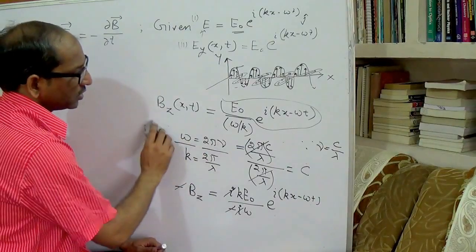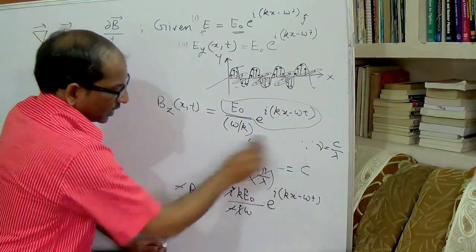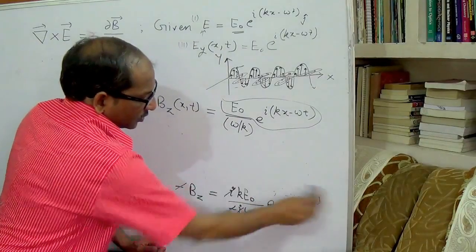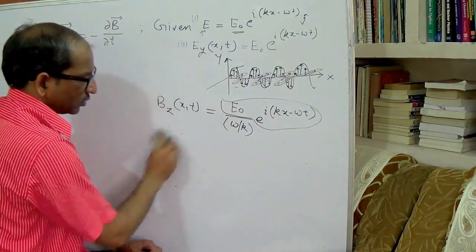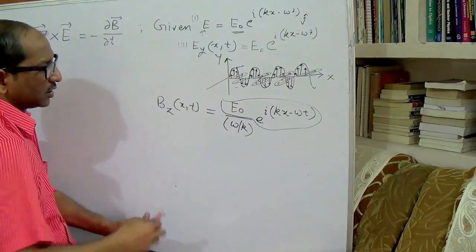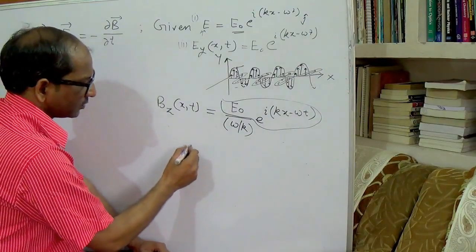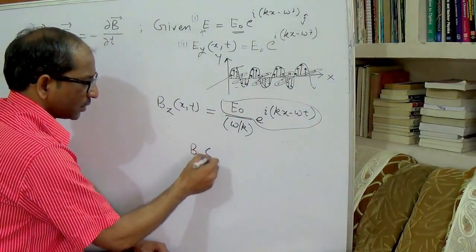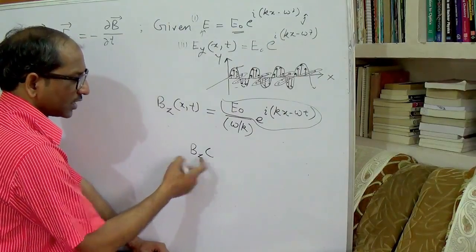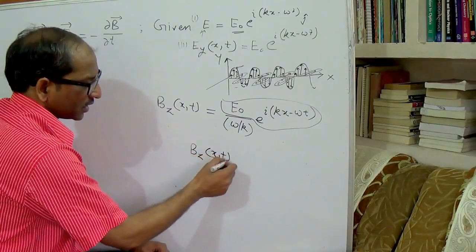So instead of this I can write Bz is equal to Ey upon c. So here Bz is the magnetic field component along the z direction, a function of x and t.